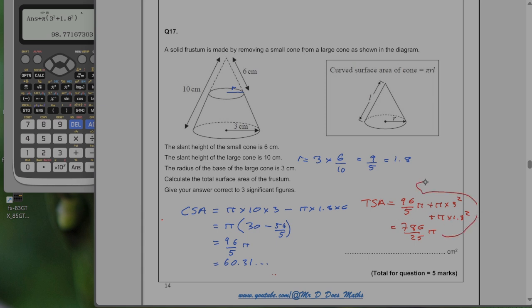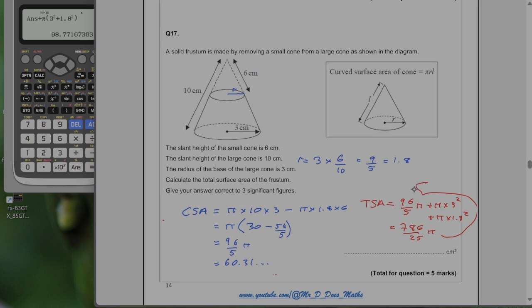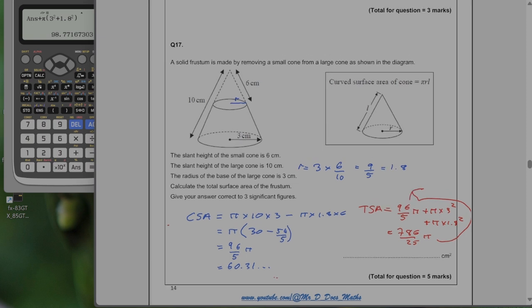I'll put an arrow just to show that I'm writing it here, just because I like to write my answer down without rounding before rounding, just so if I've made a mistake, it's not. So to three significant figures, that's going to be 98.8.